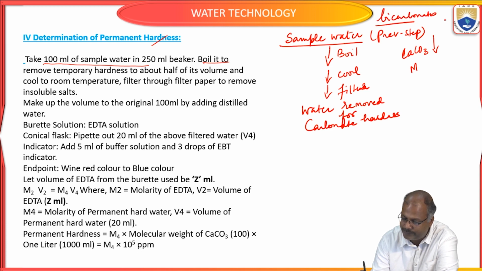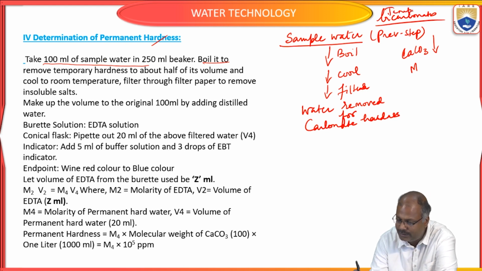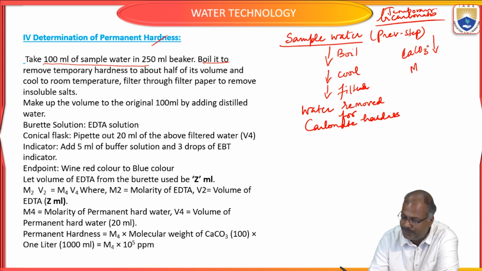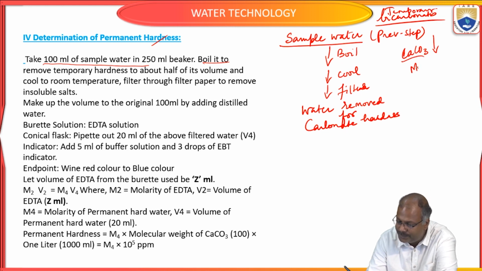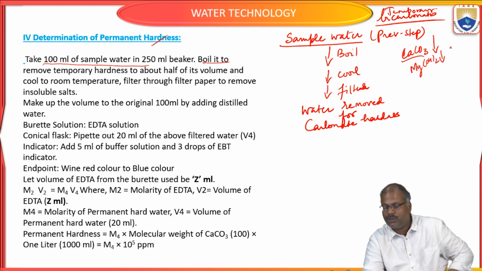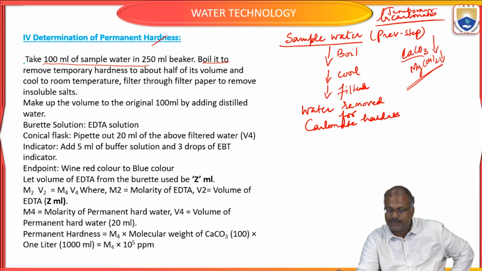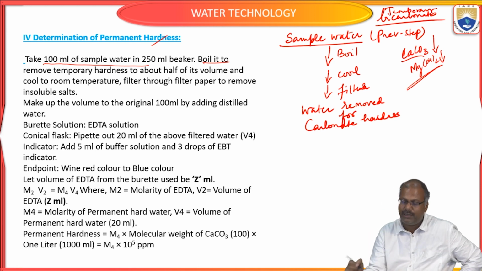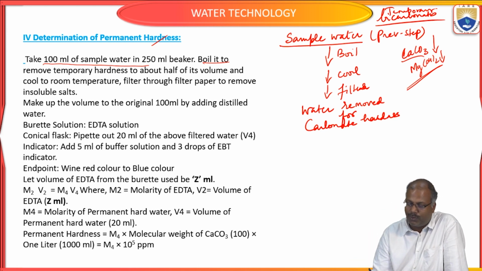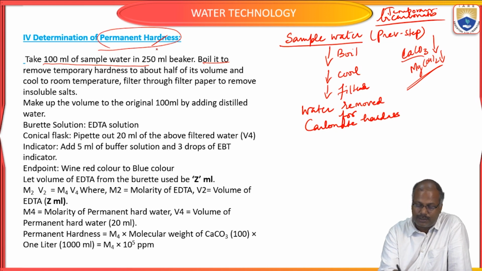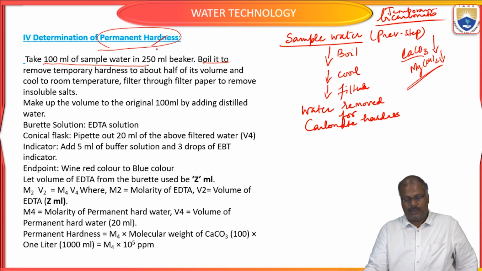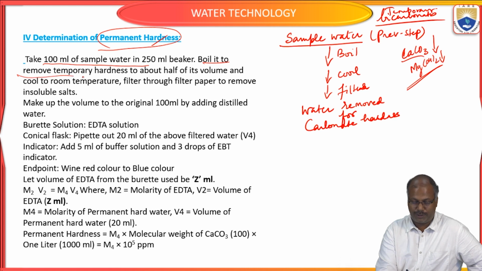So when you heat it, it becomes calcium carbonate precipitate out or magnesium hydroxide precipitate out. So temporary hardness is removed by this after filtration. What remains in this sample water after boiling is permanent hardness. So boil it to remove the temporary hardness and cool.